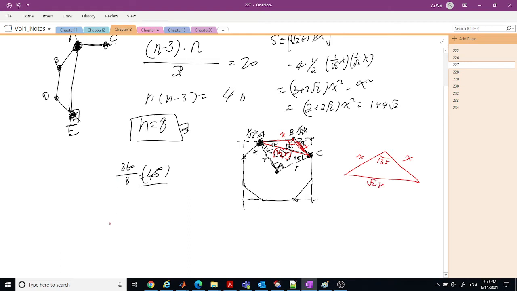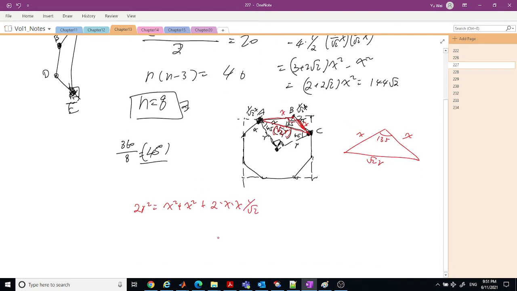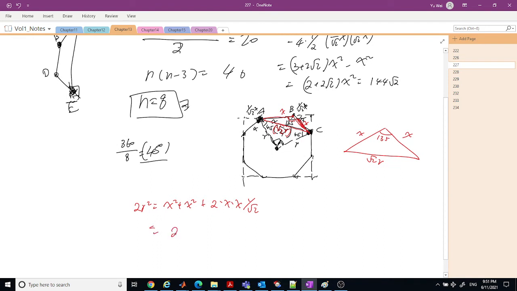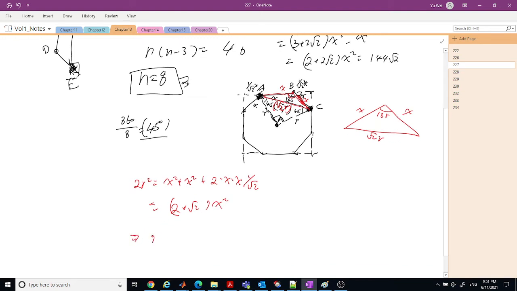Then what you know is the root 2r squared is equal to the x squared plus the x squared minus 2 times x times cosine 135, right? Is the plus of the root 2. Then you can see is the 2 plus root 2 of the x squared, right? So now you see the r squared is equal to a half of the 2 plus root 2 of the x squared.